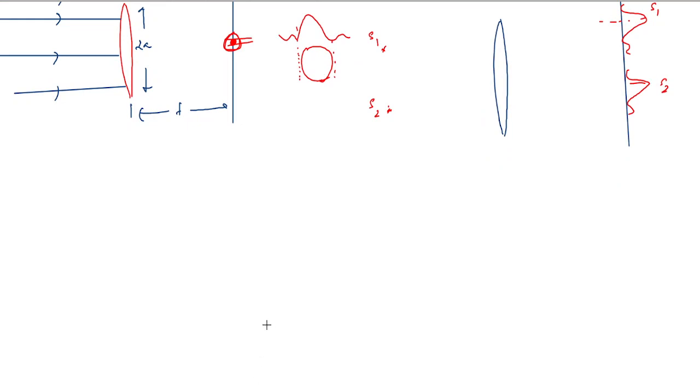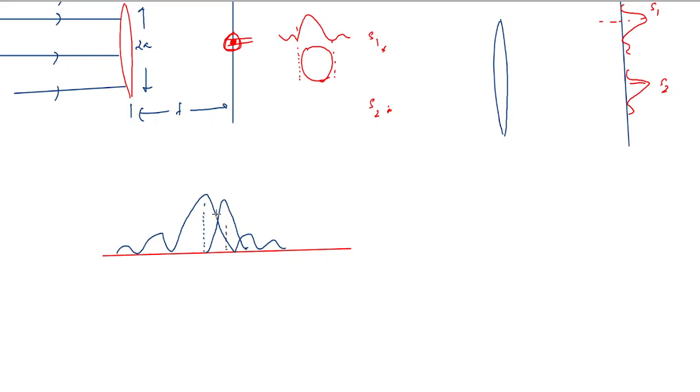Now, there are three cases here. Case where the center of one, and this is the center of the first source, and somewhere here it's like this, that is, the center of the second also coincides somewhere here.